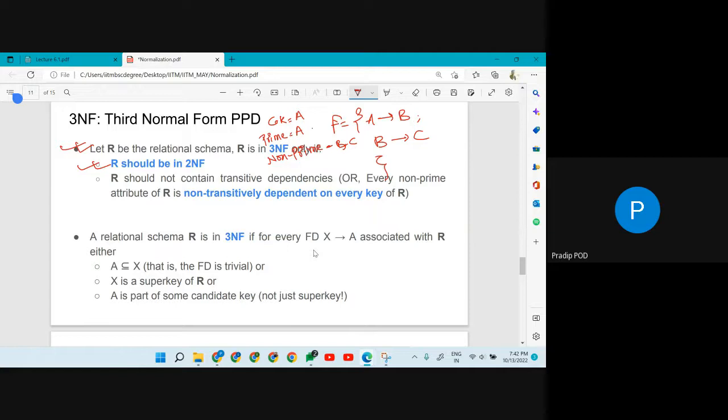A non-prime attribute should not derive any non-prime attribute.